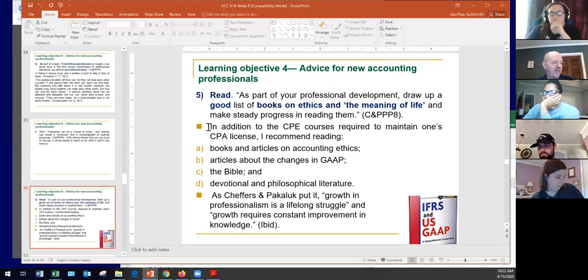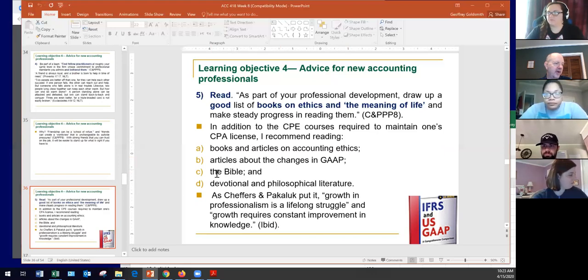So that would include the CPE courses that are required to maintain one's CPA license if you go into public accounting. But I would recommend reading books and articles on accounting ethics, articles about the changes in GAAP so that you keep up with the profession.